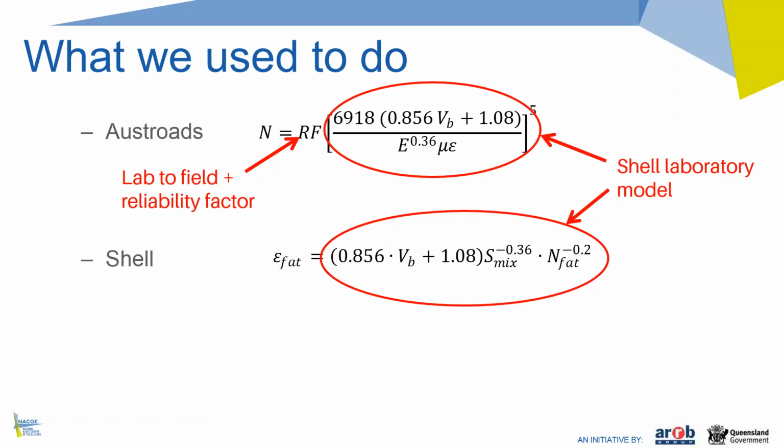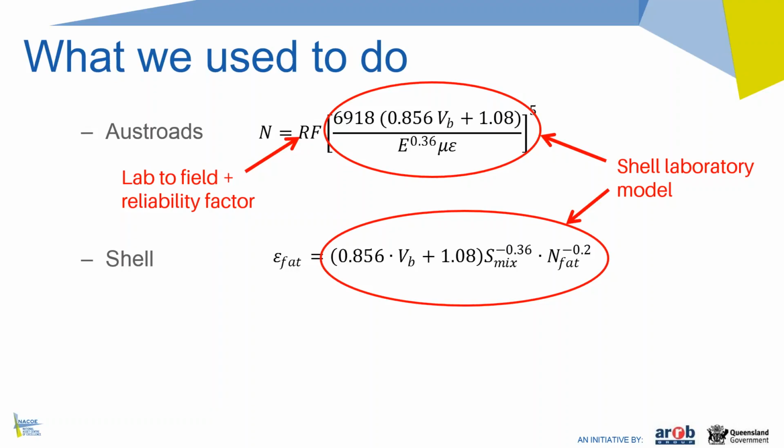So what we're proposing is to replace the Shell laboratory model with mix-specific laboratory models, which were determined in the exact same way, and then shift that laboratory performance to field performance using the same RF function that we have now.